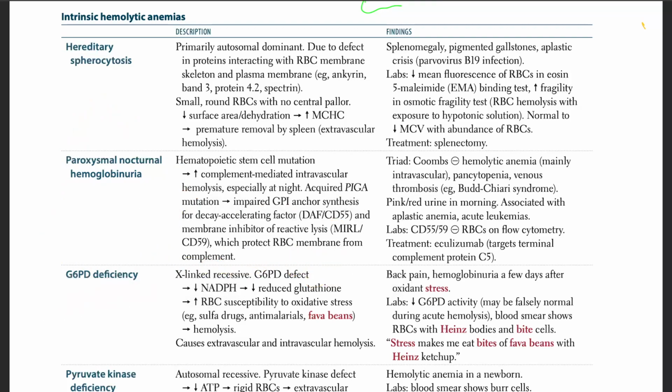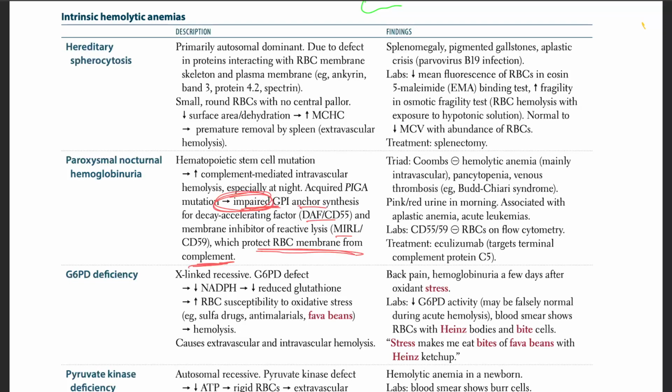So let's read here now. Impaired GPI, which was normally anchoring the DAF and MIRL, which would protect the RBC membrane from complement, but now the whole process is impaired.